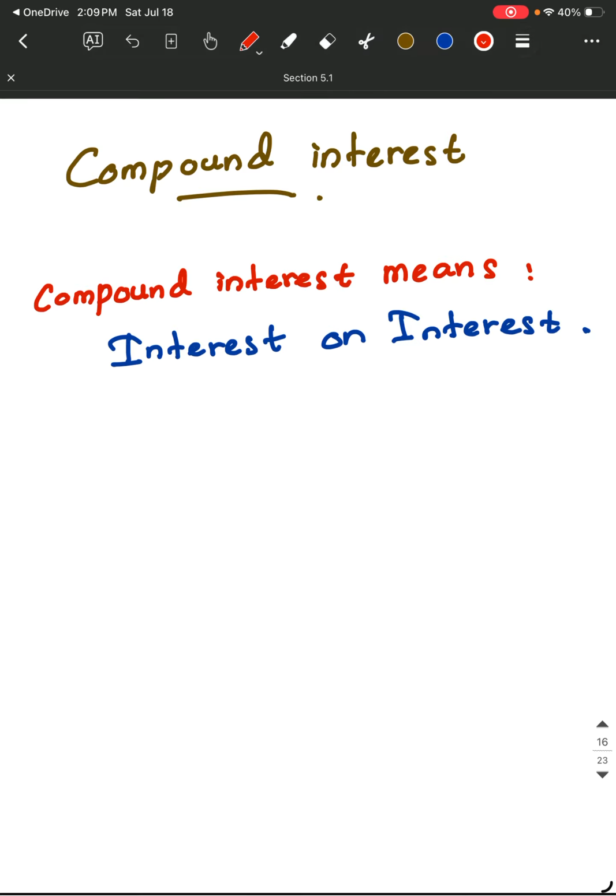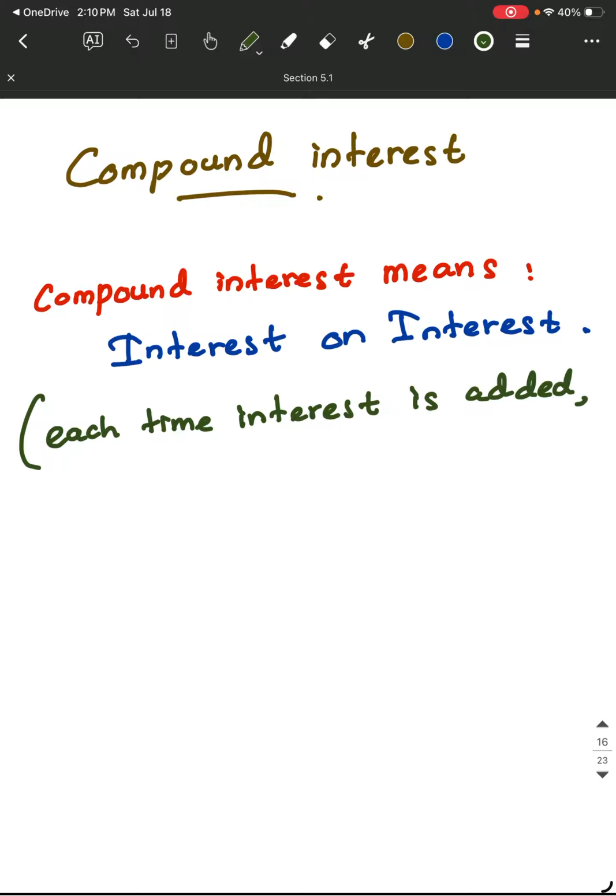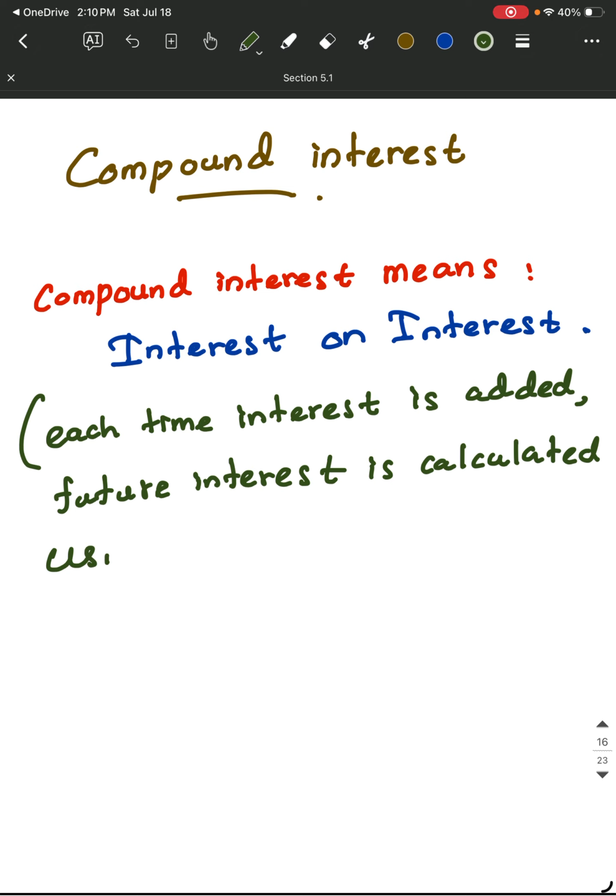So that is, each time interest is added, future interest is calculated using the new balance.